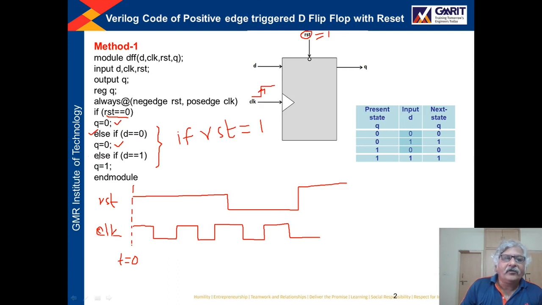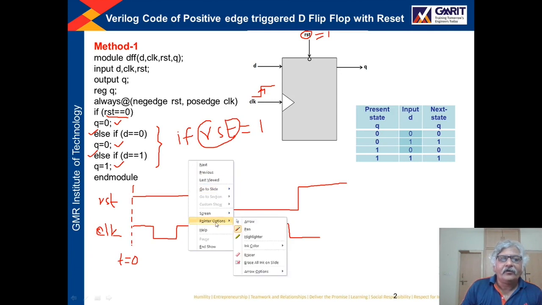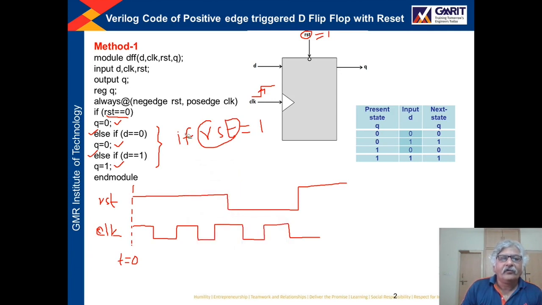Otherwise, if D is not 0, then this condition will be evaluated. Else if D is equal to 1, then 1 will be assigned to Q. So whatever is the value of D, that we are assigning. If the RST is 1, then whatever is the value of D, that we are assigning to the Q output. Okay, right.